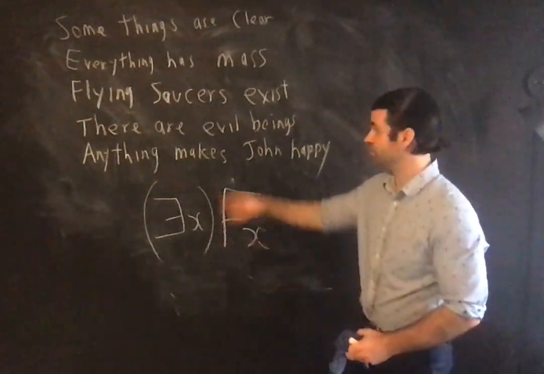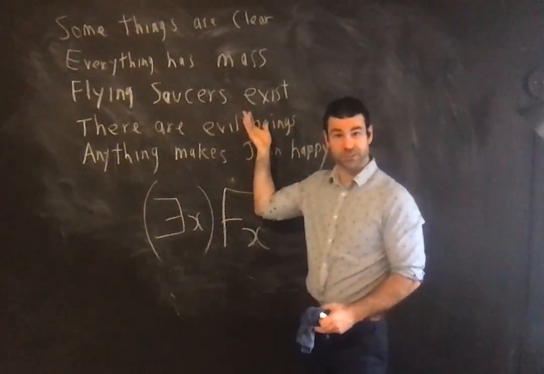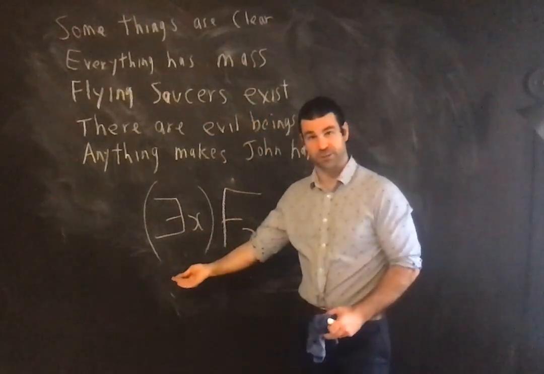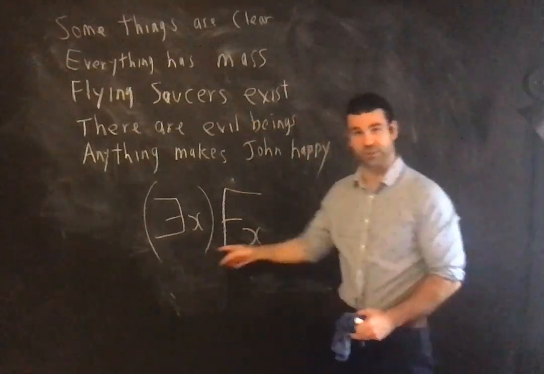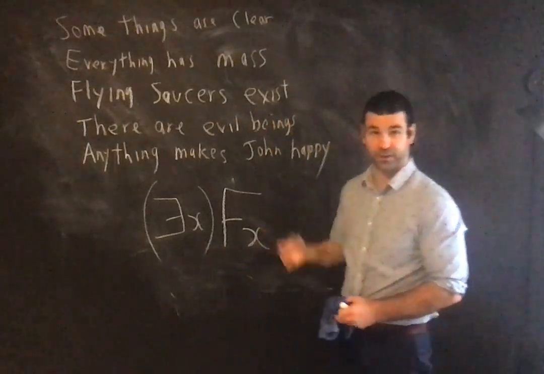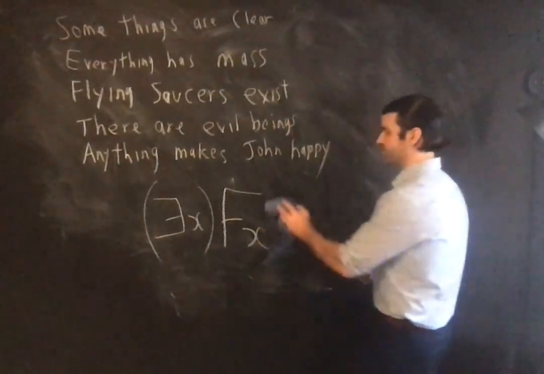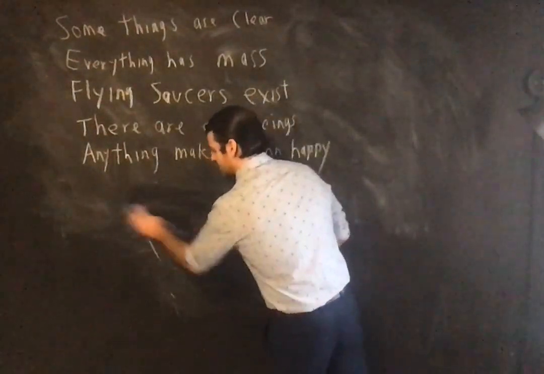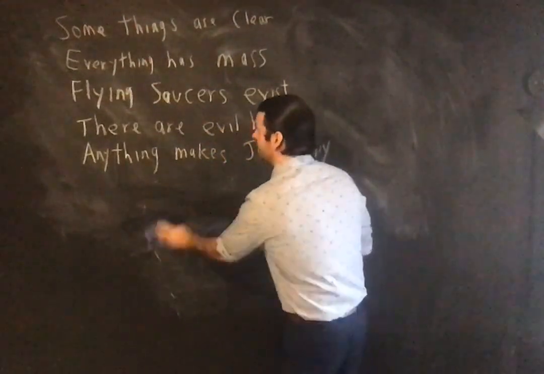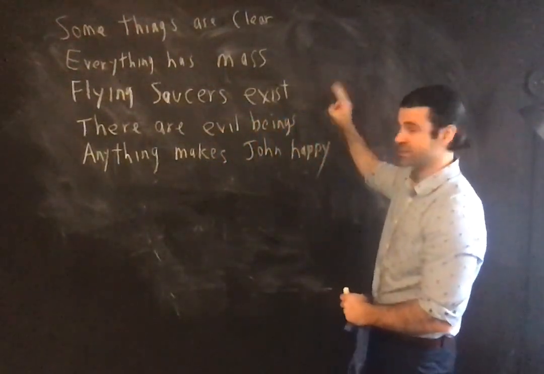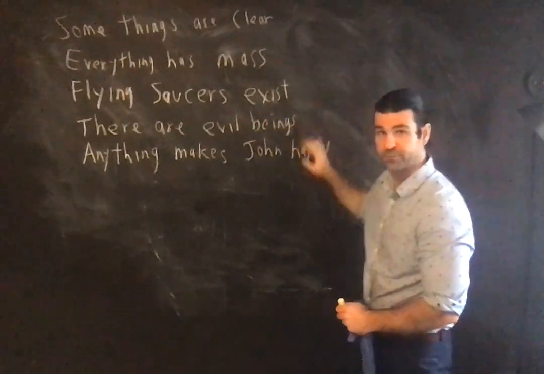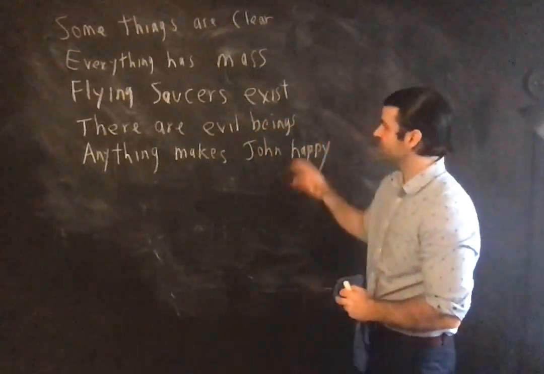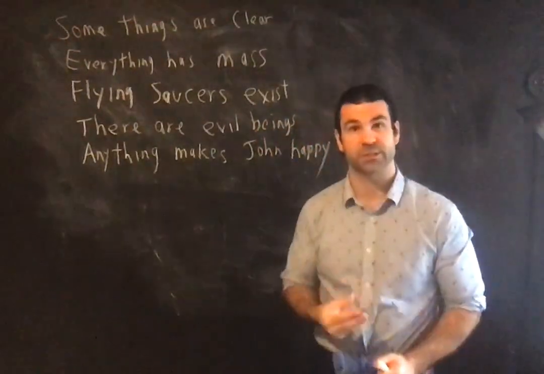Okay? So any sentence that says blah blah blah exists, well, it's going to take the existential quantifier. There exists an x such that that kind of thing exists. All right? There are evil beings. I think this is 1A, B, C, and these are from the end of question 1. There are evil beings. What am I saying when I say there are?